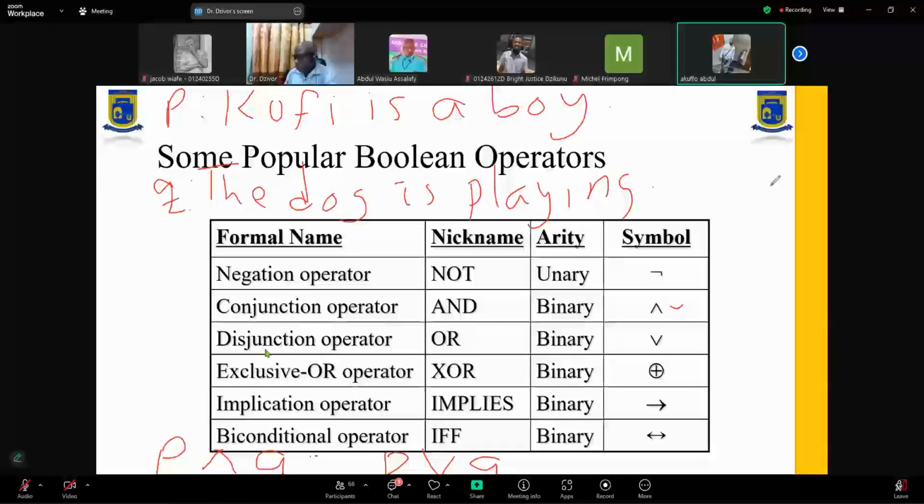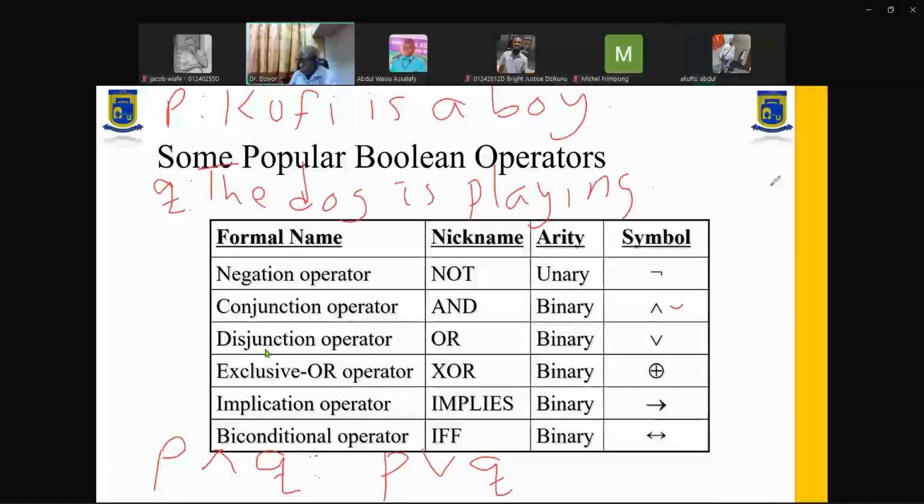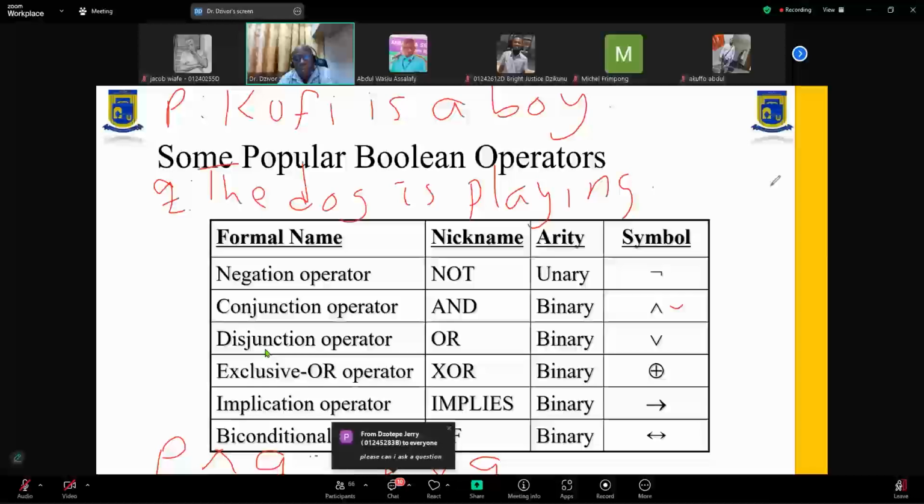You are just using the word "and" to combine the statements. Kofi is a boy, and the dog is playing. So you put the two statements together, but join them with the operator called "and."